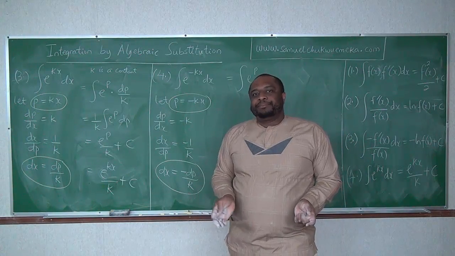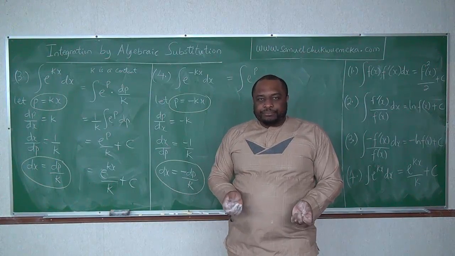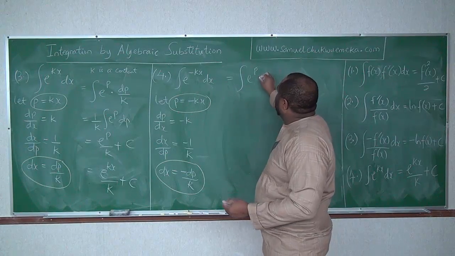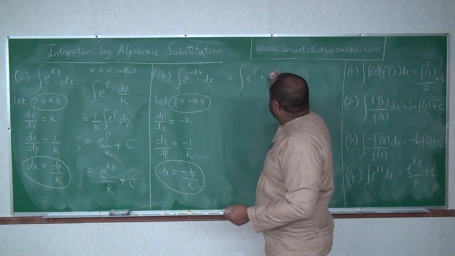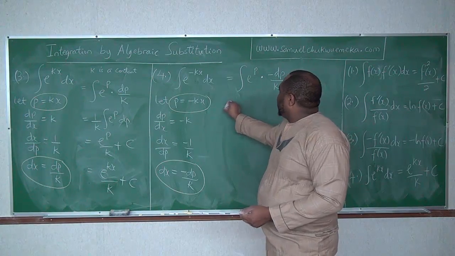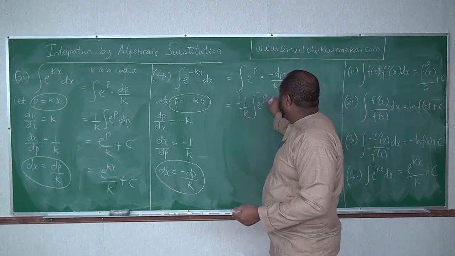We know that, so that's why we want to make it easier for us. Then times negative dp over k.